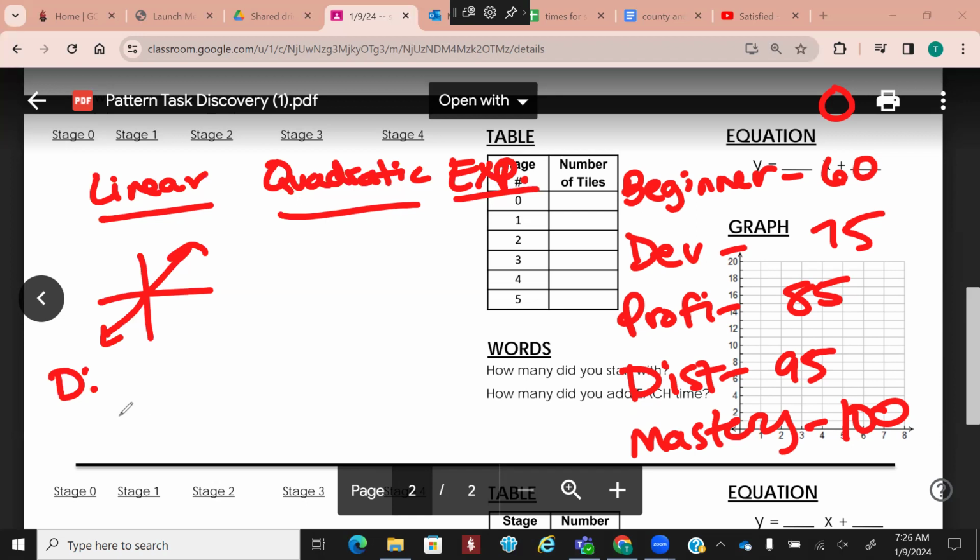What's the domain? So negative infinity to positive infinity. So from left to right, it goes on forever. Now, what about range? Well, we see these arrows, right? So what does that mean? Negative infinity to positive infinity. Fantastic.